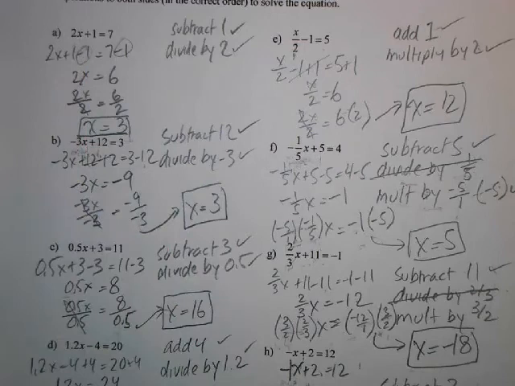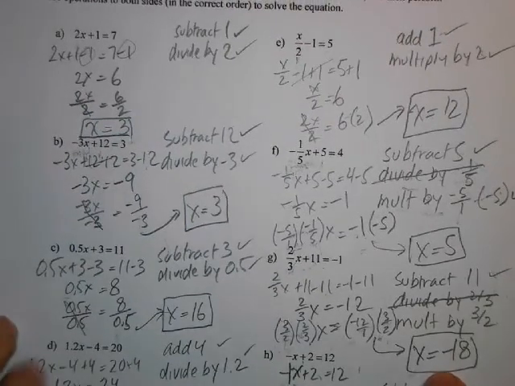So if you want to talk your way through it, think of yourself as the x and say what happens to me first, and what happens to me second, and then you do the opposite operation in the opposite order that you did them originally.